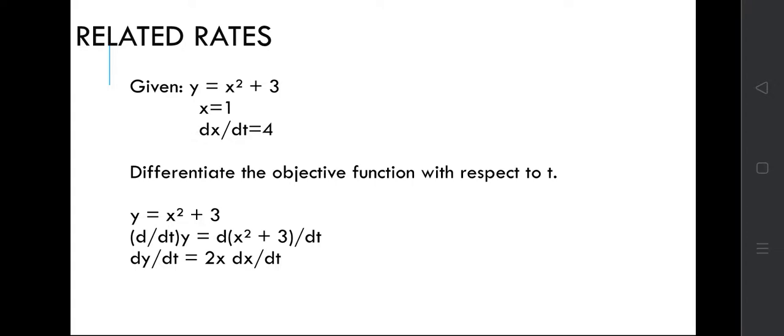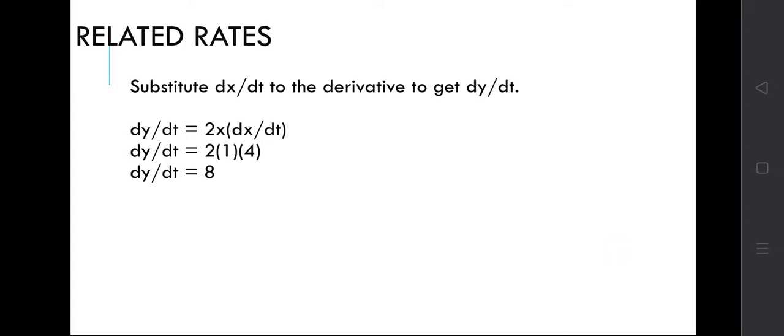Ngayon, after natin ma-apply yung calculus, iti-treat natin yung mga d na yun as a variable. So, after natin i-differentiate yung function, i-treat natin siya algebraically na. So, parang ipapareho mo na sila sa mga equation na xy lang. X, Y, A, B, ganun. So, naging algebraic yung notation nitong dy over dt. So, parang naging variable lang siya.